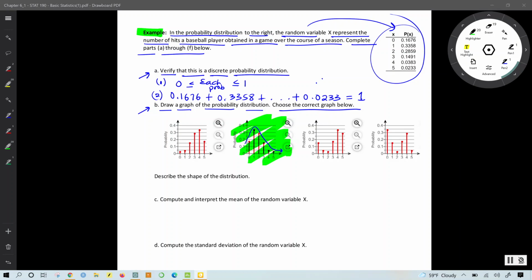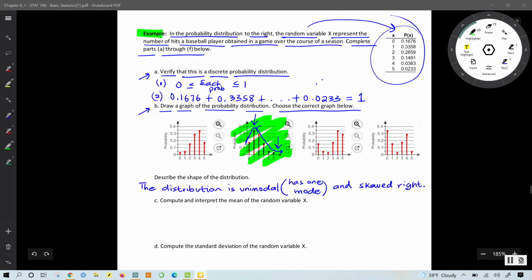Based on our observations, we can see that this histogram has a single peak, which means it is unimodal. So we can say that the distribution has one mode and is skewed right, since its tail is pulled out to the right. The description we just read is posted here on the screen. The distribution is unimodal, that is, it has one mode and is skewed right.